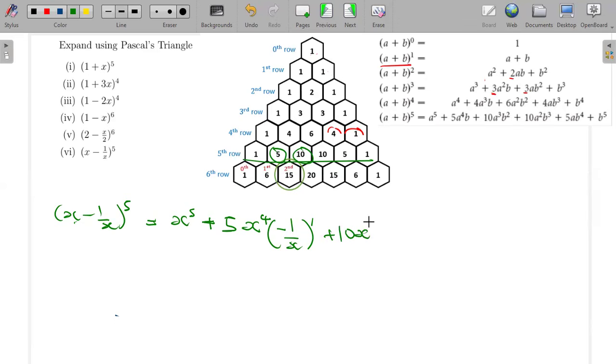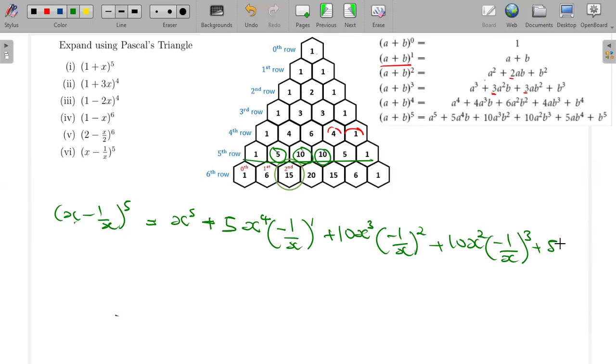And then x reduces from 4 to 3 now. And then you have negative 1 over x to the power 2. Then you go to the next one, that is plus 10, and then you have x to the power 2, and then negative 1 over x to the power of 3. And then the next there you get 5, and then 5, what's the next one?